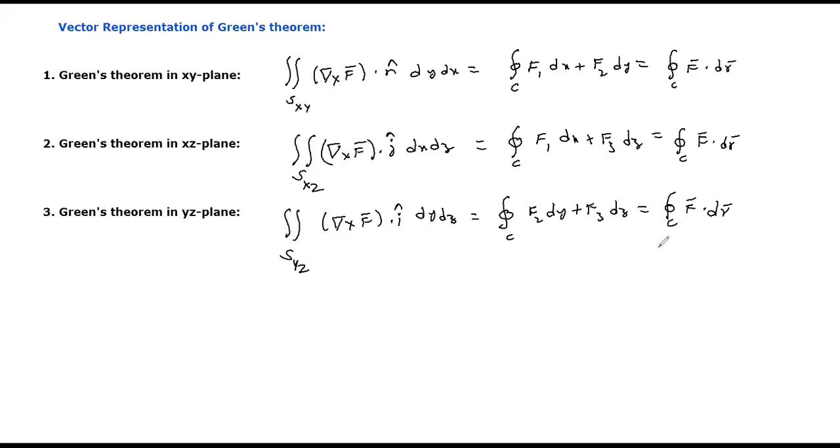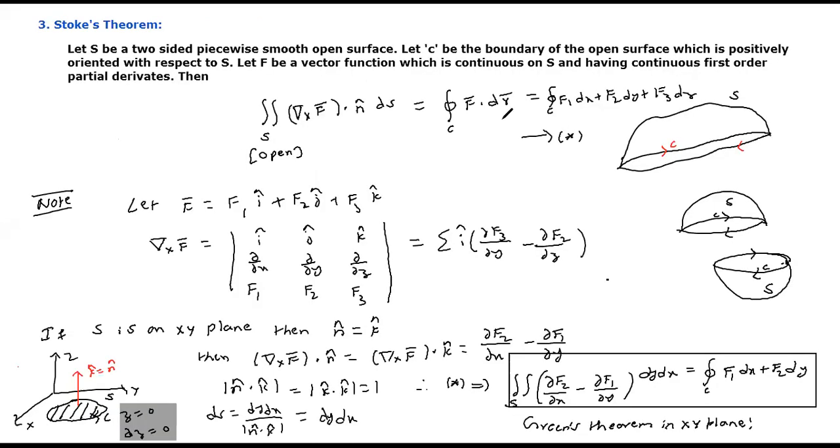Whatever surface you closed, you find the surface integral over that surface and subtract it from the triple integral. And later we have seen Stokes theorem. Stokes theorem gives a relation between surface integral and line integral.